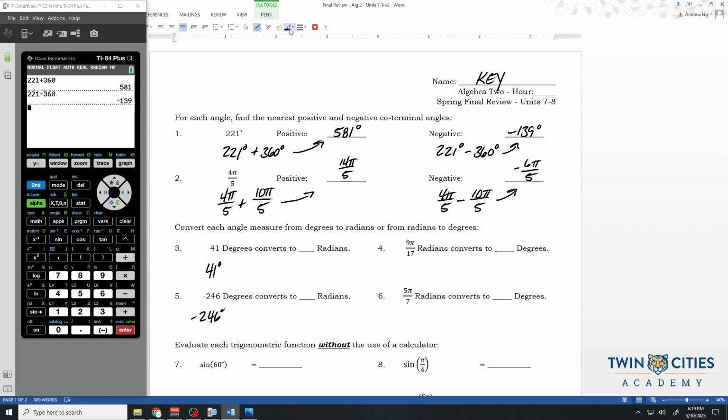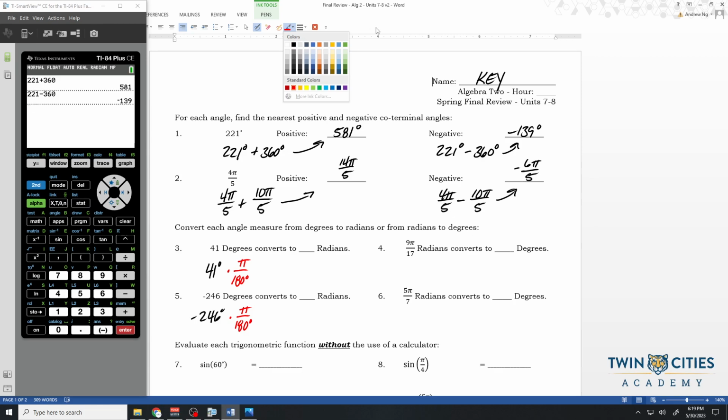What I want to do is multiply by pi over 180 degrees. The reason for this is pi and 180 degrees are the same. They're both halfway around a circle.